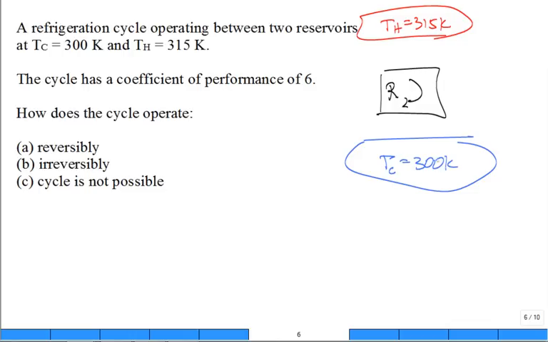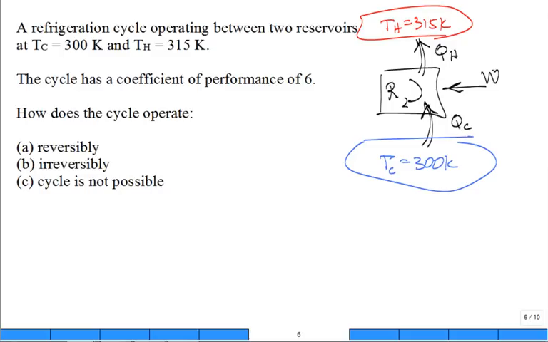Since it's a refrigeration, we want to draw QC not going to the low temperature, but going from the low temperature to the system. And then we have to reject heat, QH, to the high temperature, and we have to supply work to the cycle. Isn't that the refrigeration? So our directions have switched from the power.